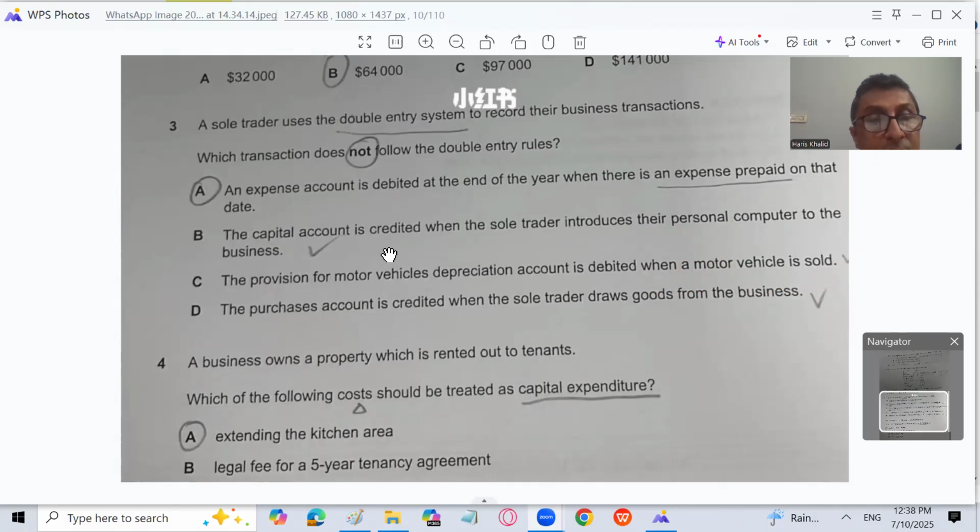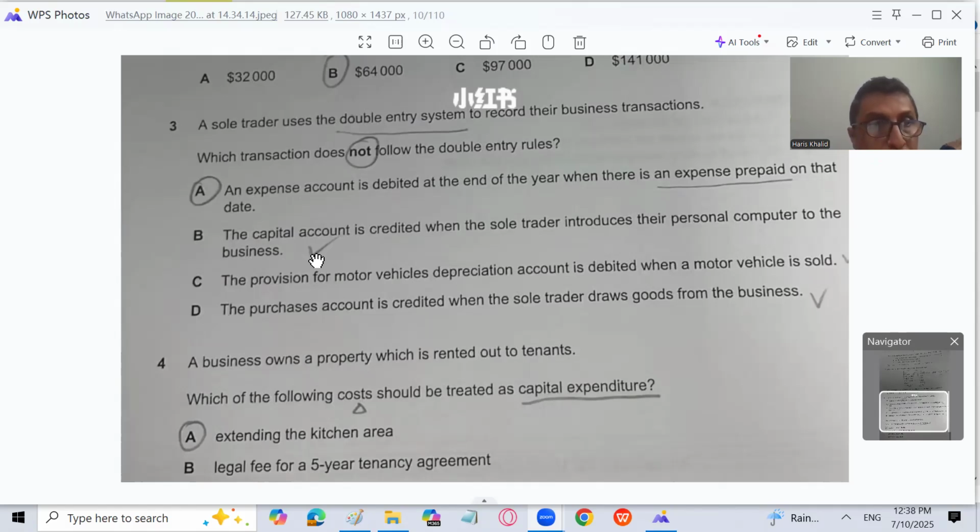Obviously, when an asset is introduced by the owner, capital is credited. The provision for motor vehicle depreciation account is debited when a motor vehicle is sold. Yes, the entry is provision for depreciation to vehicle disposal account, and the first entry is vehicle disposal to asset account. The purchases account is credited when the sole trader draws goods for personal use. That is drawings debit and purchases credit.